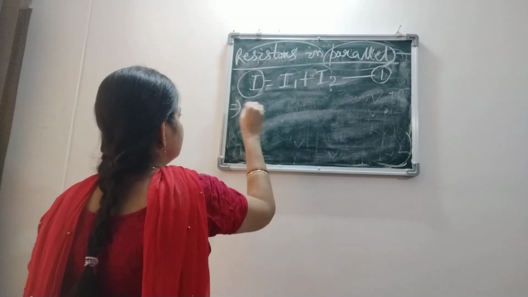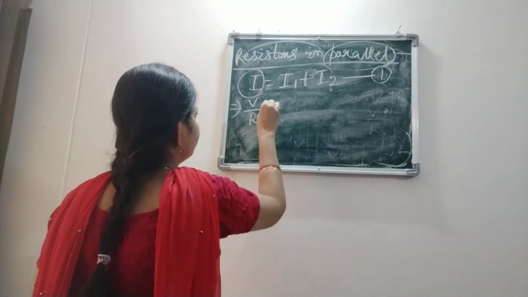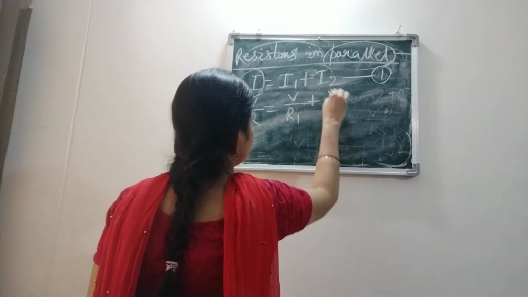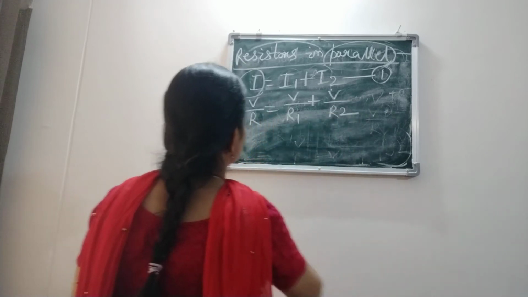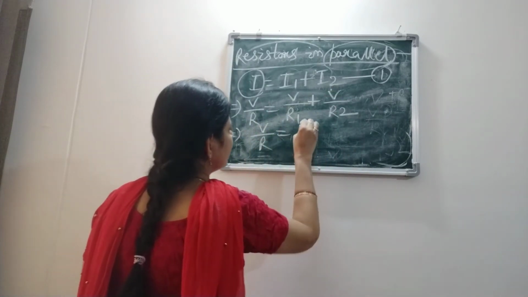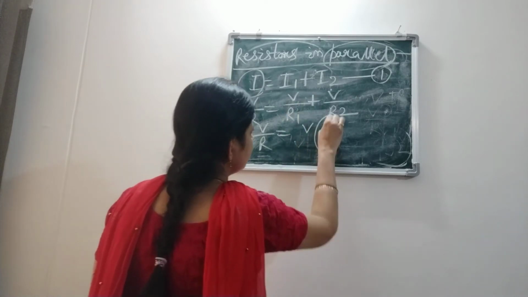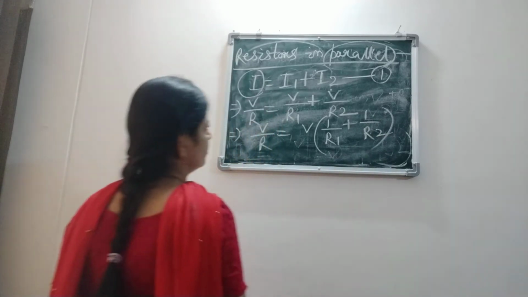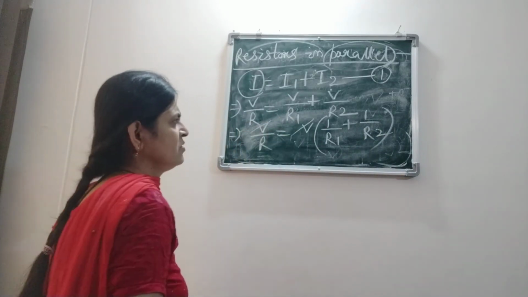So, instead of I, you can write V by R, I1 is V by R1, plus I2 is V by R2. Now, take common V from the right hand side. The rest will be 1 by R1 plus 1 by R2. Now, cancel V from both sides.